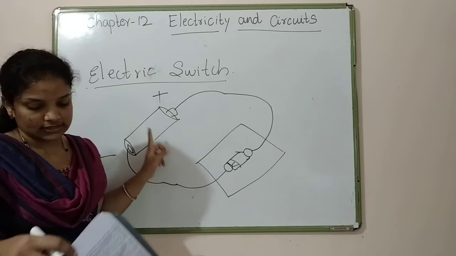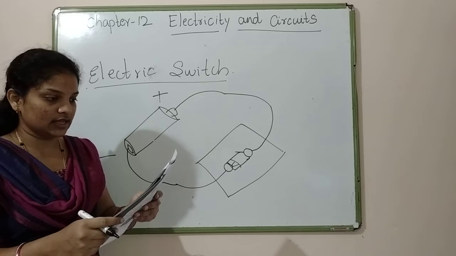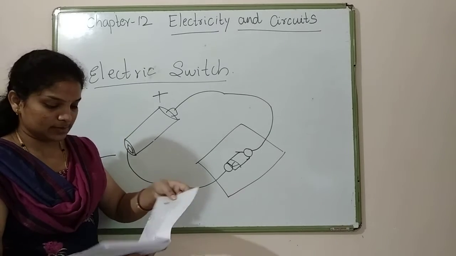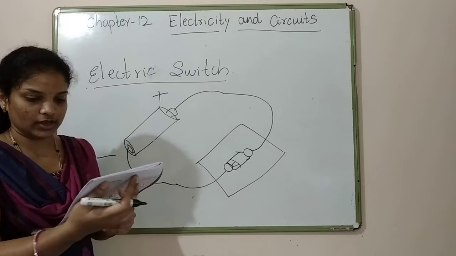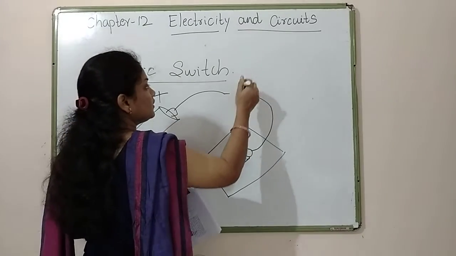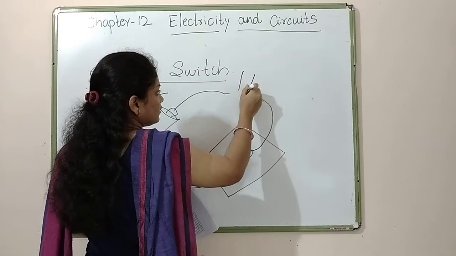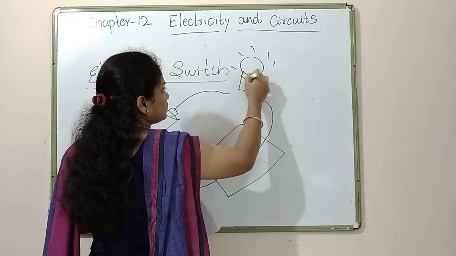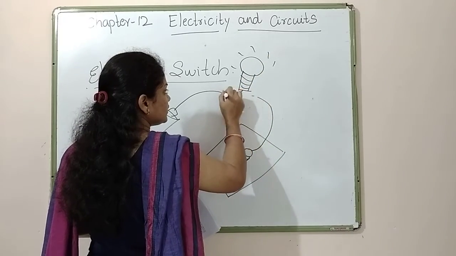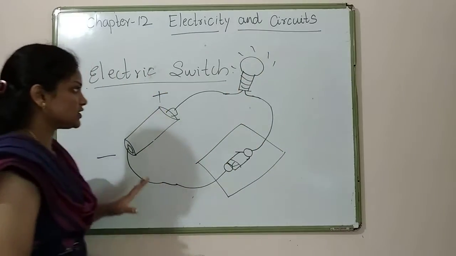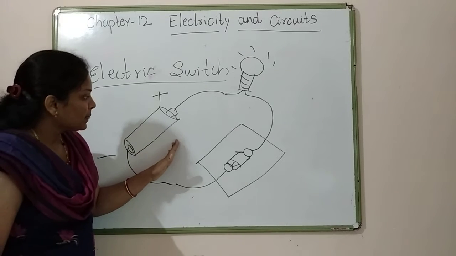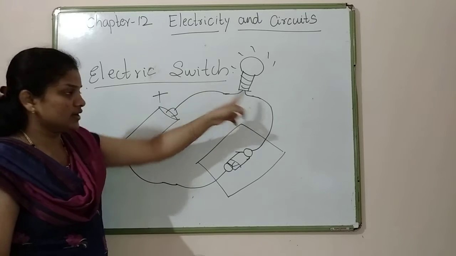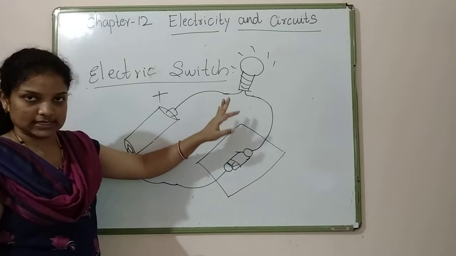How exactly will you come to know whether the current is flowing or not? You can similarly take one bulb here. These are the 2 terminals we have attached. The positive side should be connected to the positive and negative to the negative, don't mix that up.